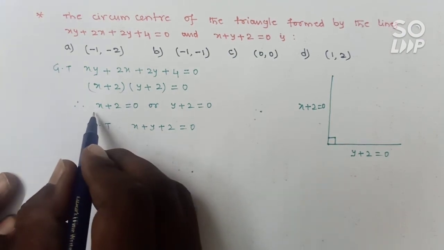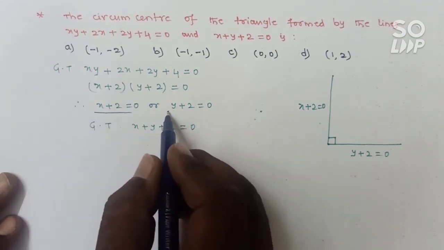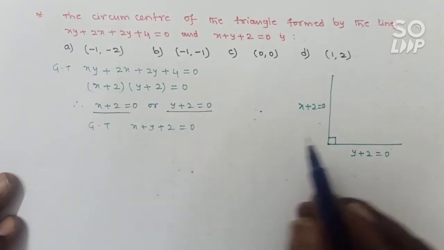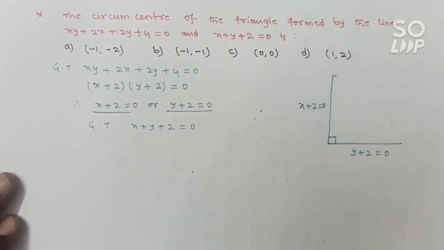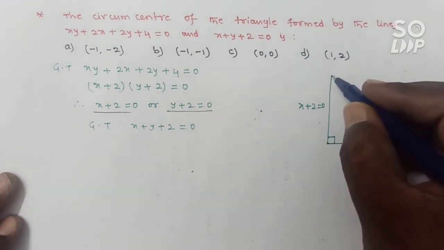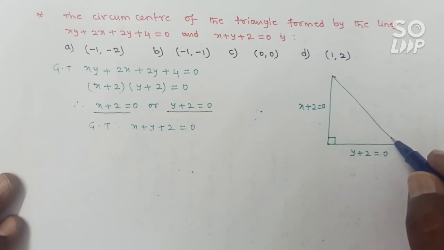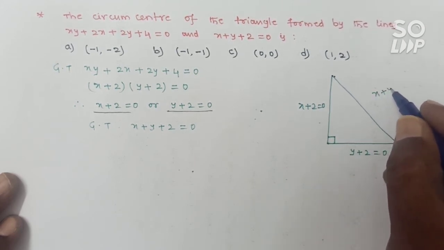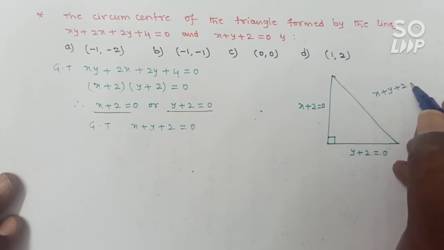So these two are perpendicular to each other, and this one is the third side. This one will be x plus y plus 2 is equal to 0.